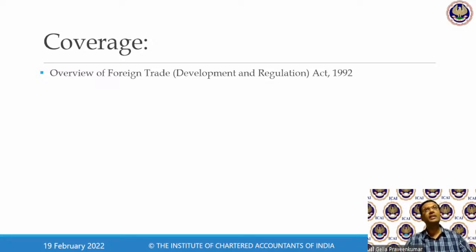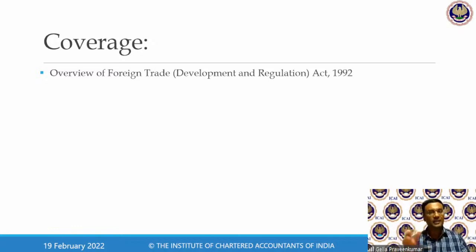Then you have DFIA. These 4 to 5 schemes are tested for examination for 5 marks. So barring these 4 to 5 exemptions under foreign trade policy, read with a few MCQs, there is not much to worry about from your examination point of view.